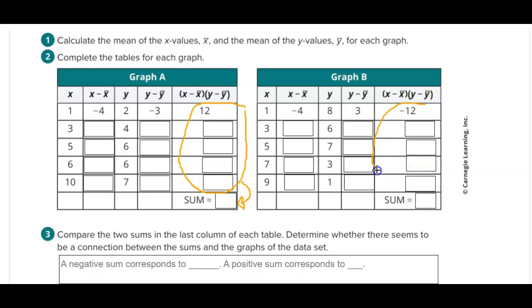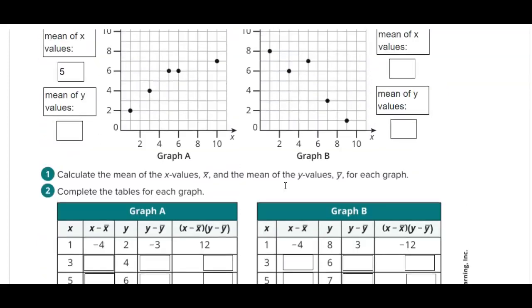You'll add these numbers and you'll put the sum in this box. Then you'll notice something about this number and this number. And what you're asked to do is think about what this number and this number have different about them. And then also look at these graphs and see what these graphs have different about them.